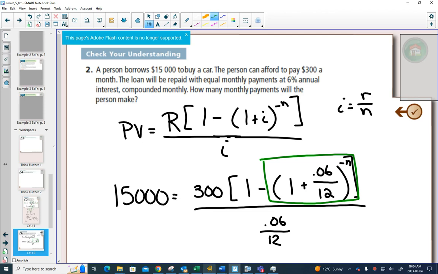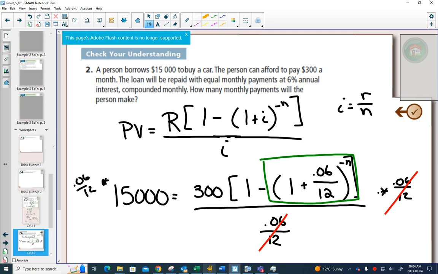And we're going to do mathematics to get that by itself. So just like before, I'm going to multiply both sides by 0.06 over 12. That will simplify this.